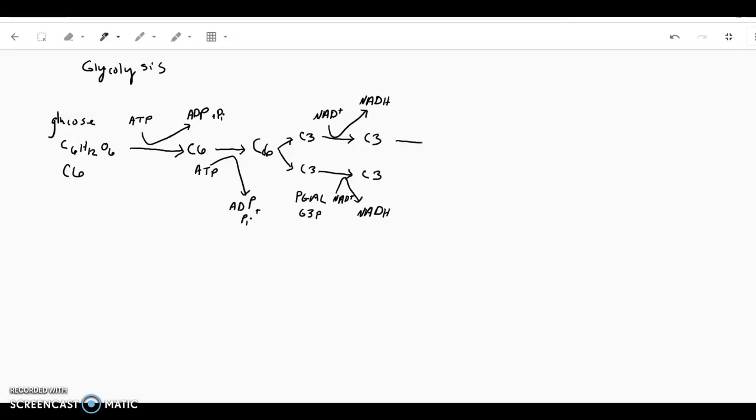Okay, and we're finally going to get some energy out and stick on a phosphate to ADP to form ATP, and we'll use that elsewhere in the cell to do other reactions, whatever's necessary for the cell to keep on ticking.